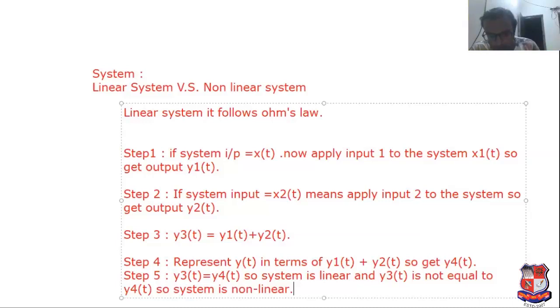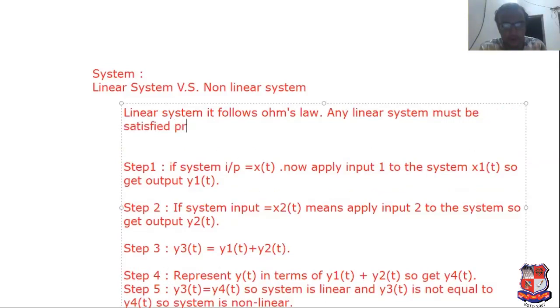Now, we will solve examples based on that particular step. Remember that point: any linear system must satisfy the principle of superposition and homogeneity.